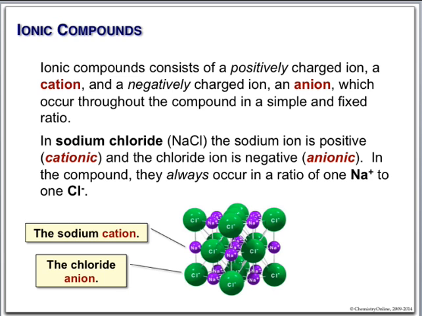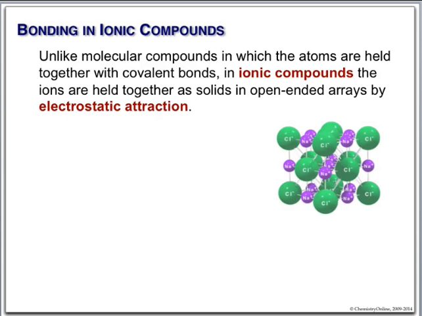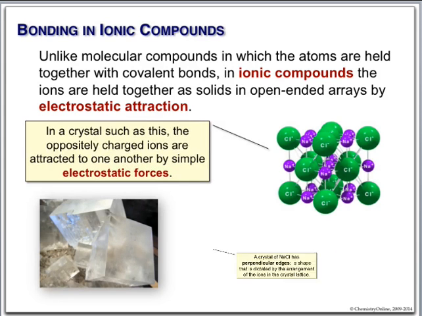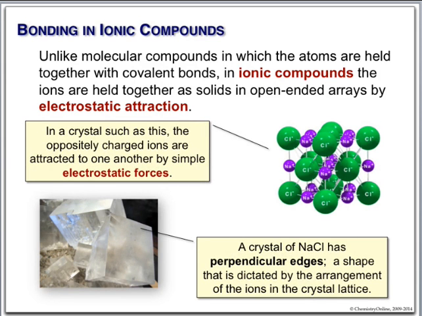This, as you see, is in a very regular way. This is a crystal. If you actually look at a crystal of sodium chloride, you'll see it has beautiful sharp edges. It's cubic. That's because the crystal structure here is also cubic. And this array just goes on and on and on. And that's why you get such nice, clean, sharp edges.